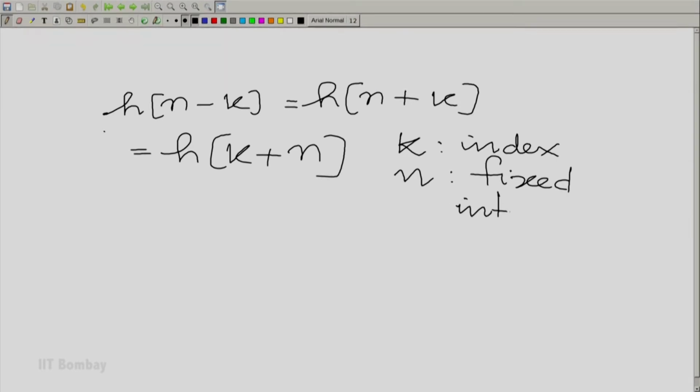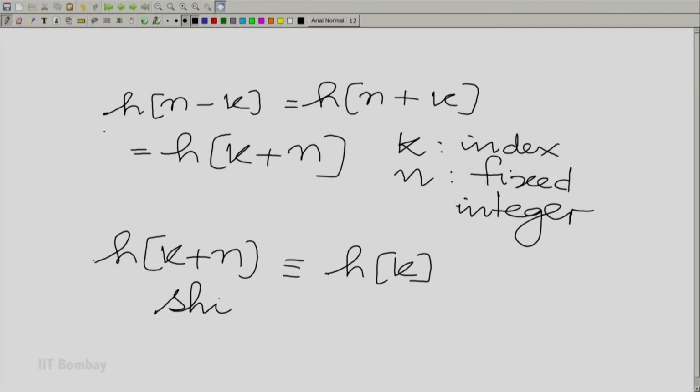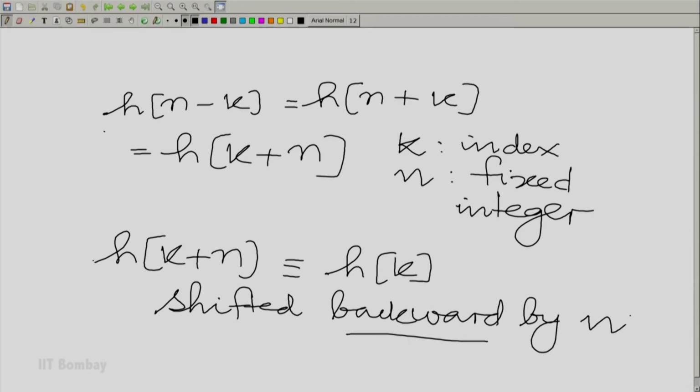You are considering a particular value of n. Now, h of k plus n is essentially h of k shifted backwards by n. And then we are making a replacement in h of k plus n, with k replaced by minus k.